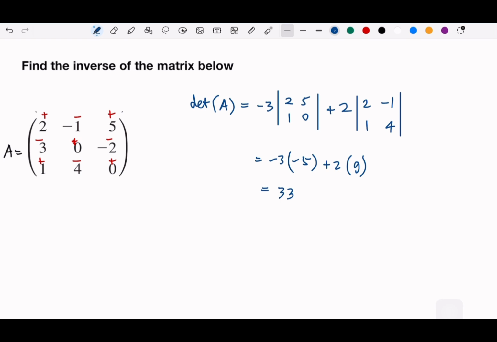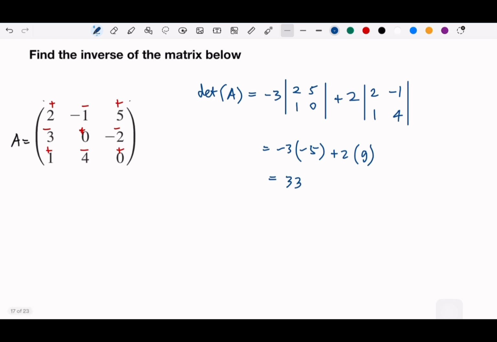And then finding all the cofactors. Let me just do it one by one. Okay, so cofactor 1,1. And let me erase all these signs here. It's confusing with my calculations.